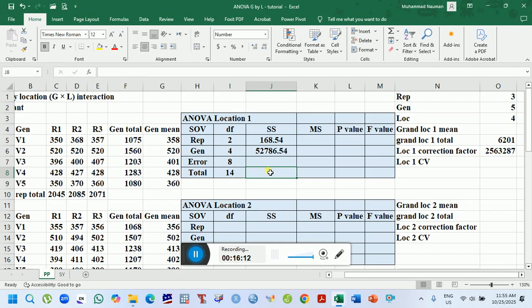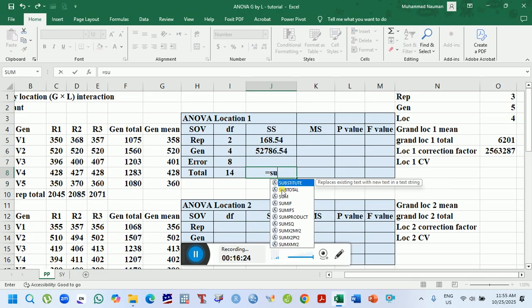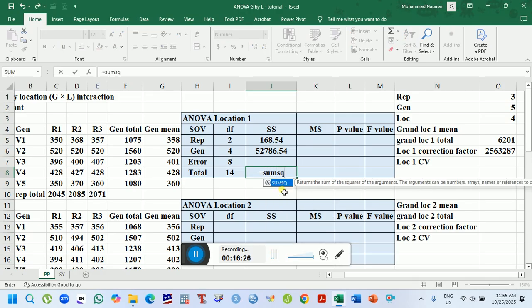Sorry, mistakenly I have calculated the degree of freedom. First we will calculate the total sum of squares, not the degree of freedom, is equal to SUM SQ.